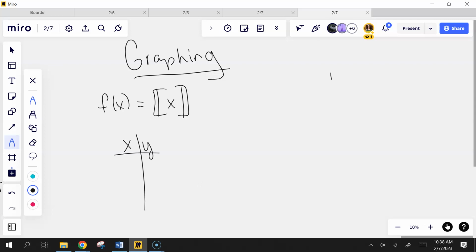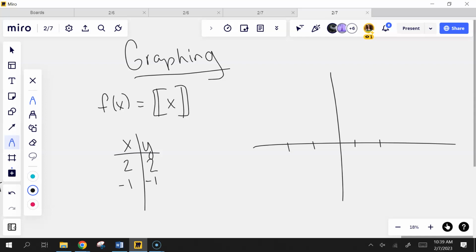Now, one thing that we know is that if you plug an integer in, if I plug in 2, it spits back out what? 2, right? If I plug in negative 1, it spits back out negative 1. So there's actually a point at every integer, right? 2, 2, negative 1, negative 1.